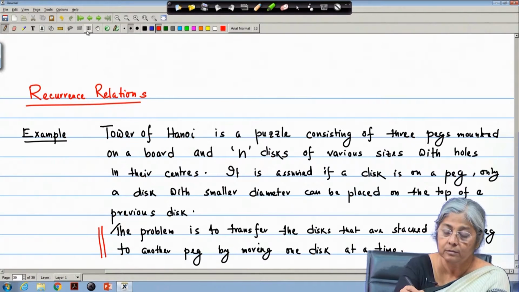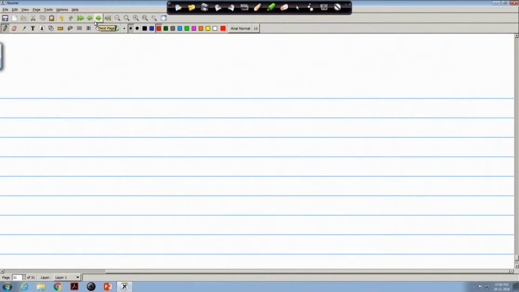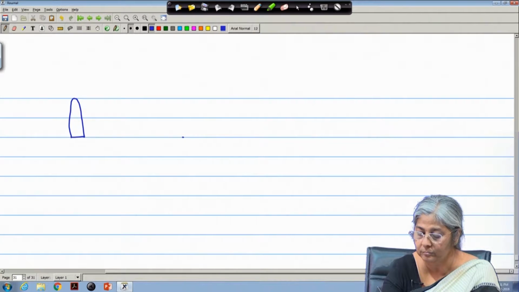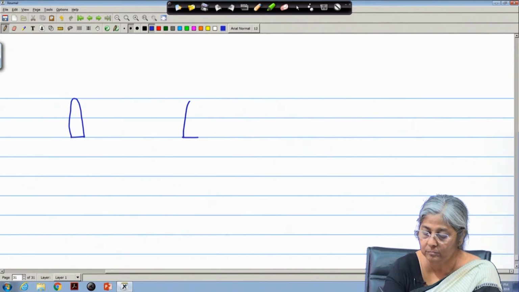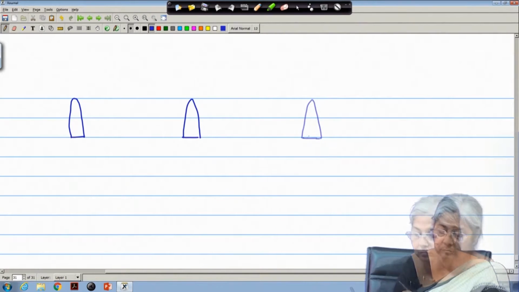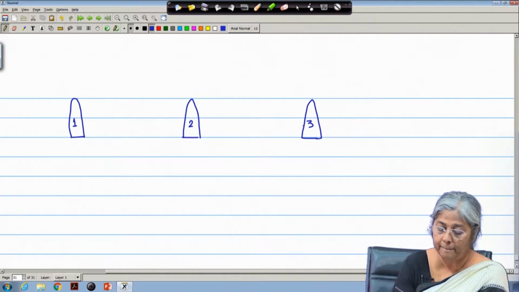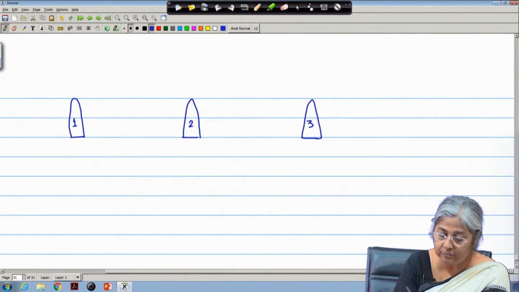So, if I explain again properly, say I have 3 pegs: this is first peg, second peg, third peg, and in the first peg the n number of discs are there.